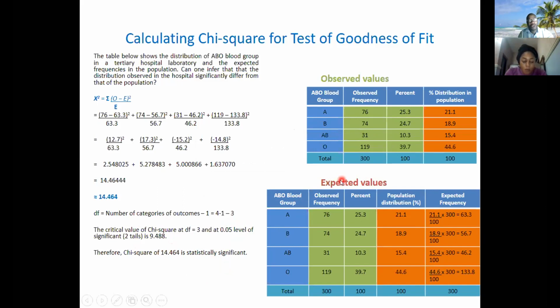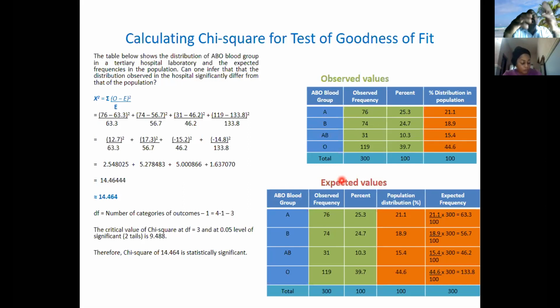So your chi-square of 40.464 is significant, it's higher. That shows that the corresponding p-value will be less than 0.05. That is significant.